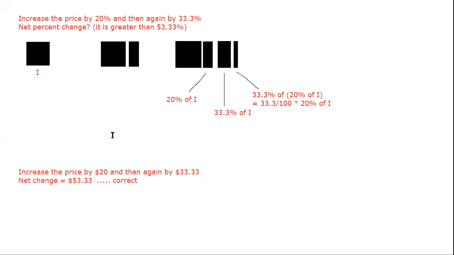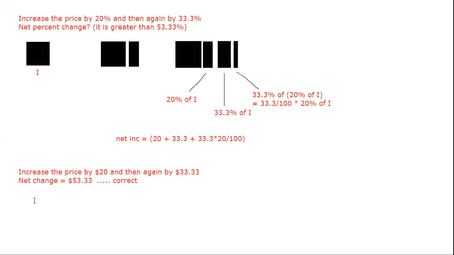So what is the net addition, net increase? 20%, 33.3%, and 33.3% of 20. So that's 33.3 times 20 upon 100. This is your formula. So what is the formula? x plus y plus xy by 100. What did I just now say?